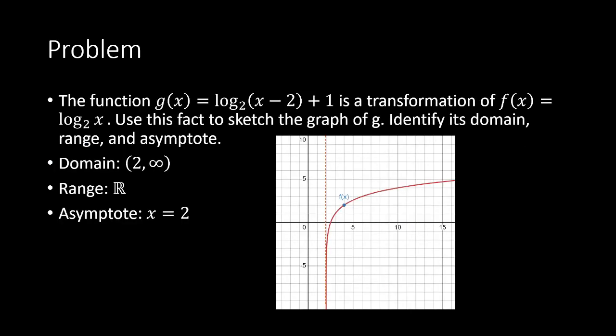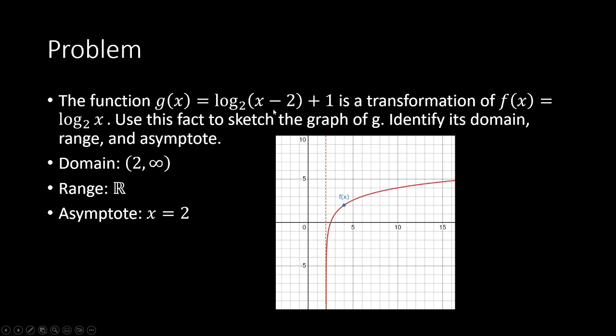So our question is, the function g of x is log base 2 of x minus 2, plus 1, a transformation of the function log base 2 of x. Use this to sketch the graph of g, and identify the domain and its range. Well, if it is just log base 2 of x, then the graph will go this way.